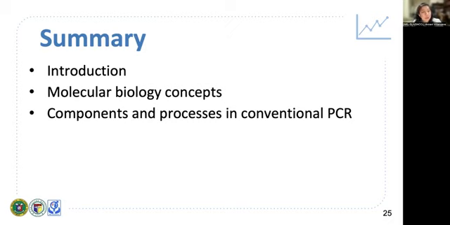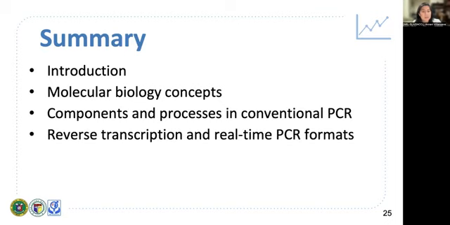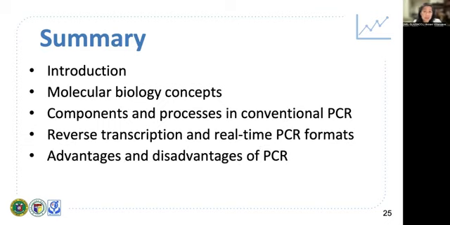And third, we also discussed the components and processes involved in your conventional PCR. And then fourth, I presented the reverse transcription and real-time PCR formats and their applications. And lastly, I discussed the advantages and disadvantages in general of your PCR technique.